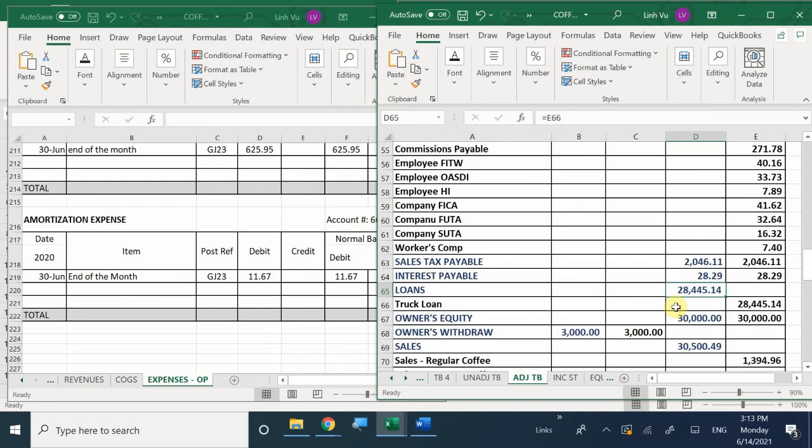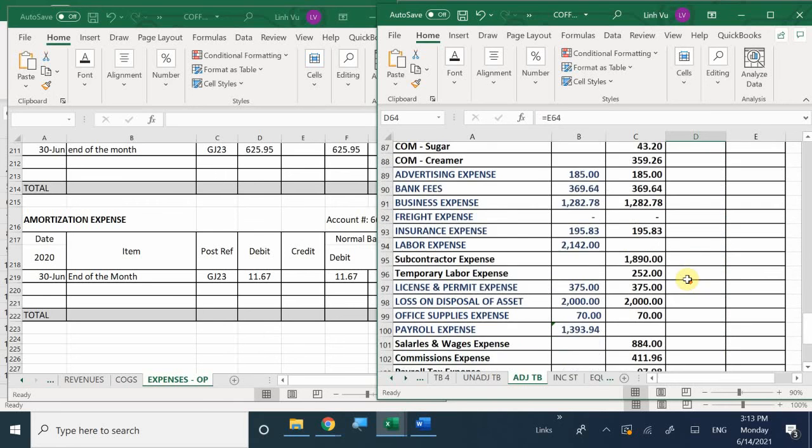Got it. Then we had interest expense for 28.29. Oh, 28.29. I got 28.89. Okay, so that should definitely fix it. That's 60 cents. Okay, I'm at 0. Perfect.